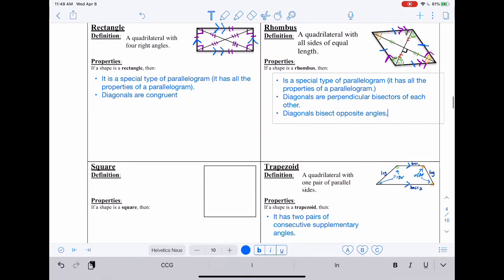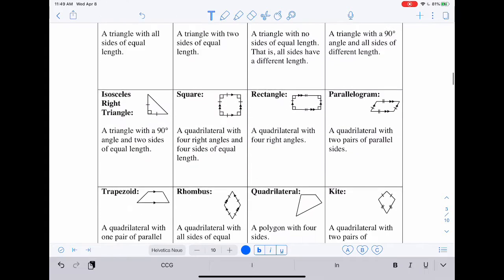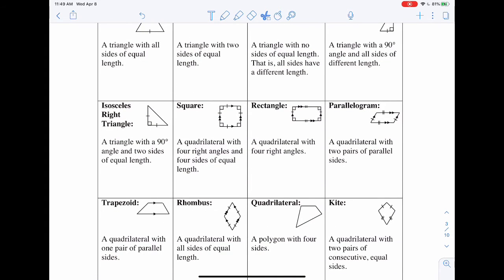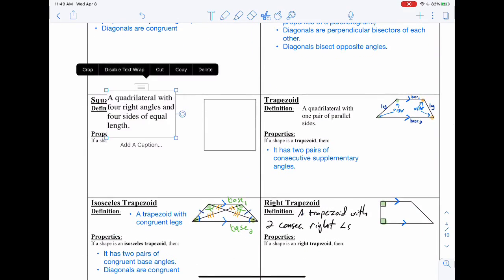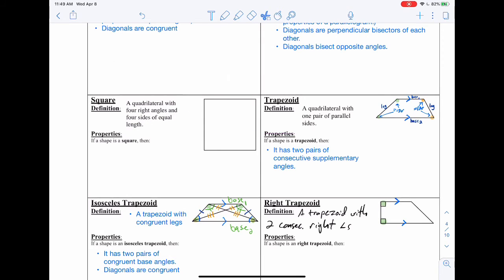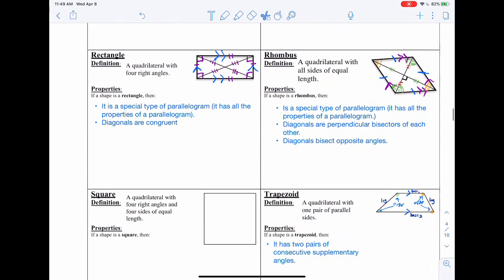A square is essentially just a combination of two different shapes. Can you identify which two shapes meet the definition of a square? Well, if we look at our shapes toolkit, a square is a quadrilateral with 4 right angles and 4 sides of equal length.